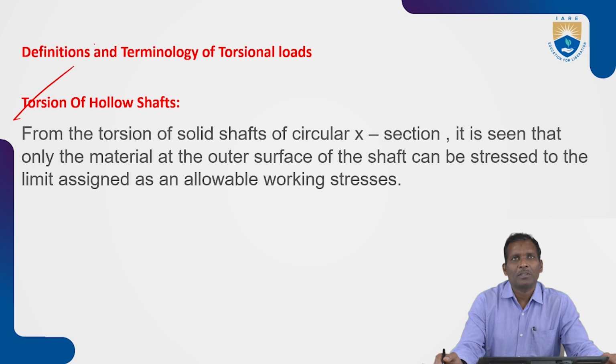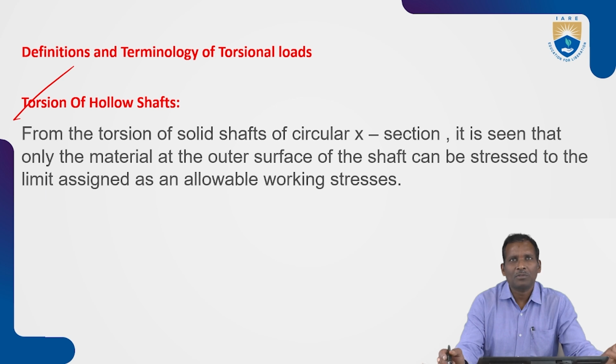Next, torsion of hollow shafts. How do you calculate the torsion of a hollow shaft? A hollow shaft has two diameters, external and internal, whereas a solid shaft has only a single diameter.